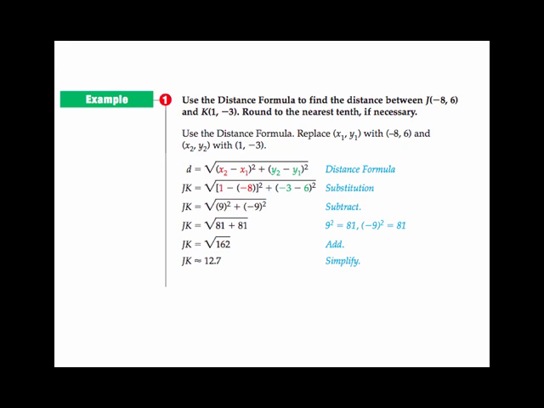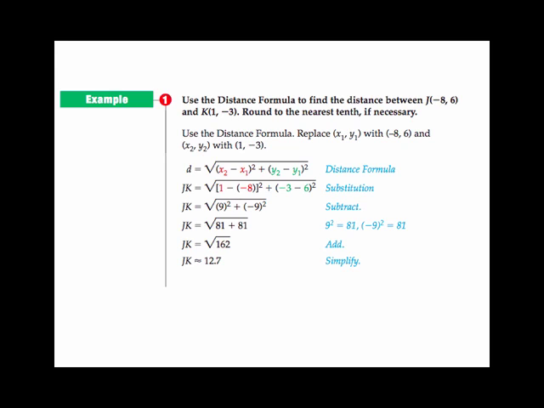We then combine 1 minus -8 and we get 9. We combine -3 minus 6 and we get -9. So now we have 9 squared plus -9 squared. And we just simply subtracted to come up with those two numbers.